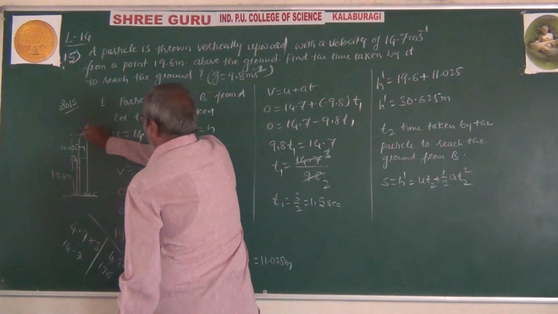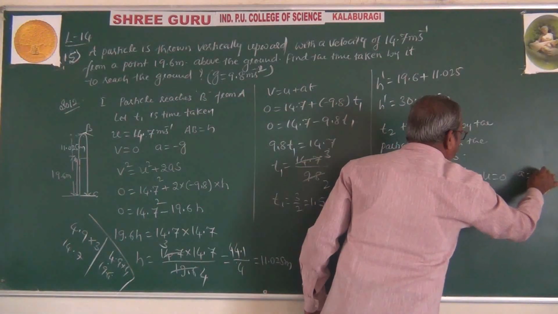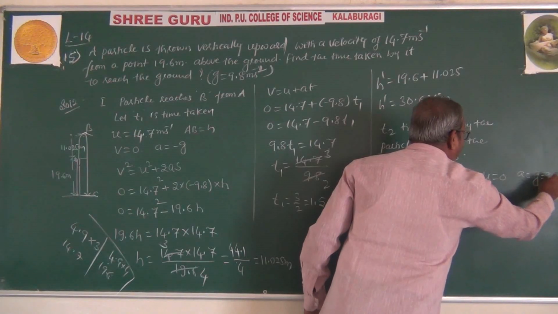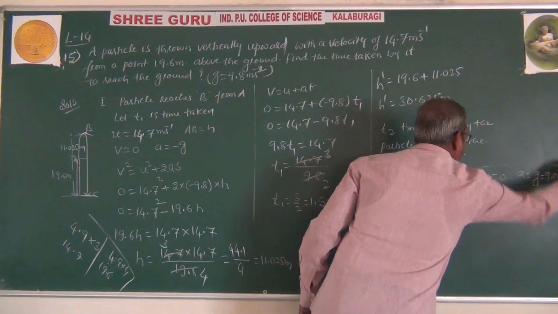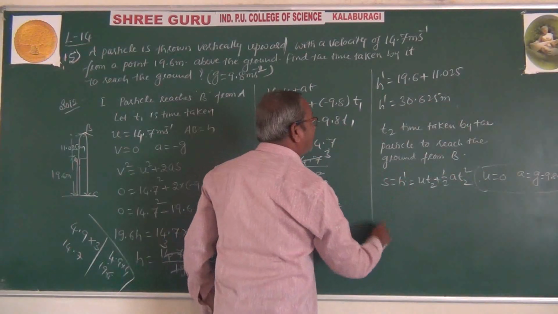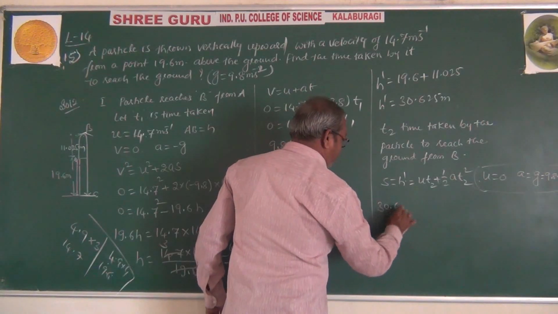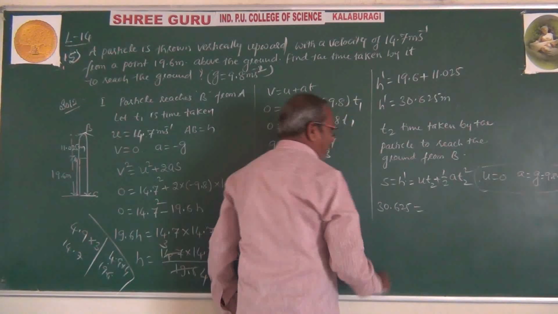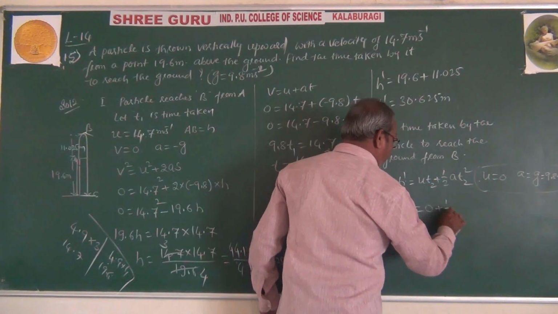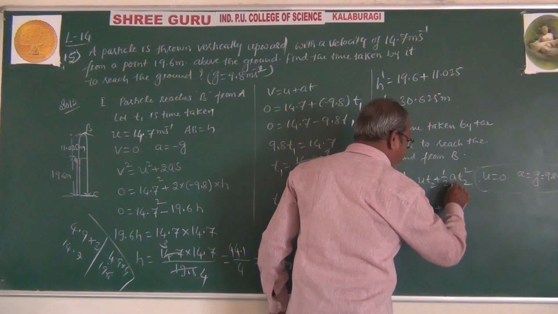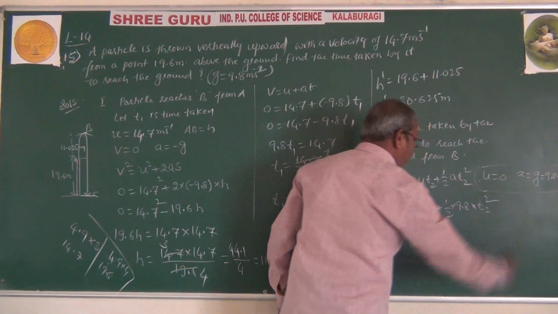Here u equals 0, and a equals g equals 9.8 meter per second square. So s equal to h is 30.625 equals 0 plus 1/2 into 9.8 into t2 square.